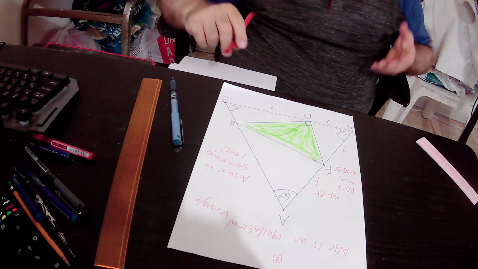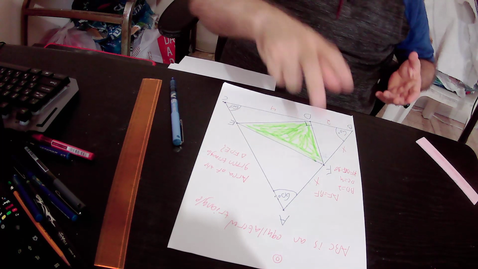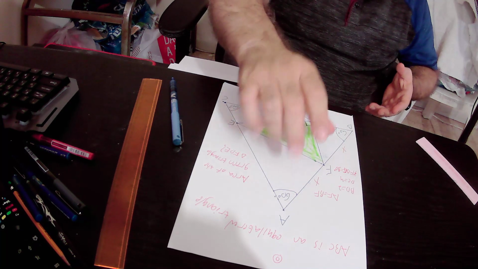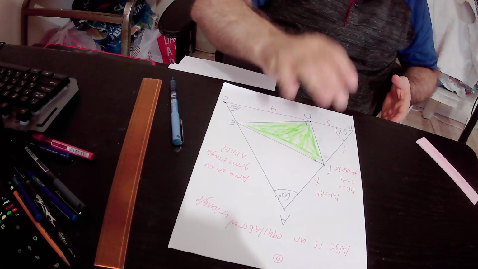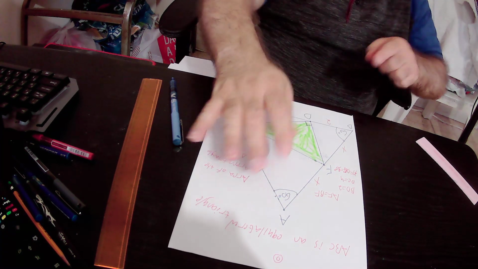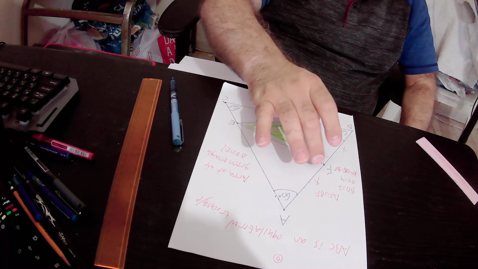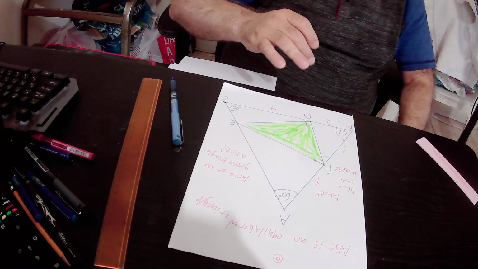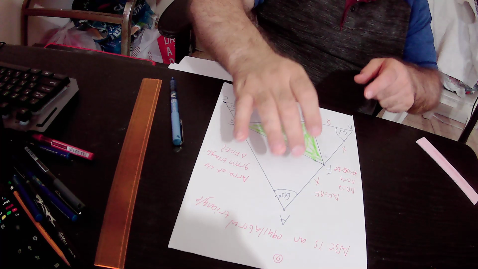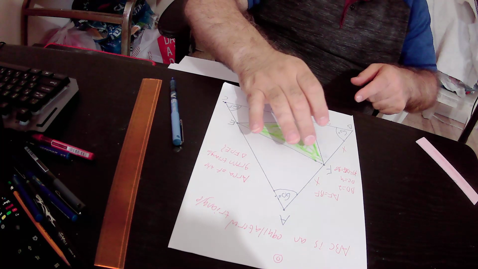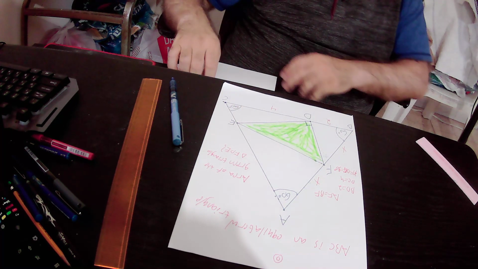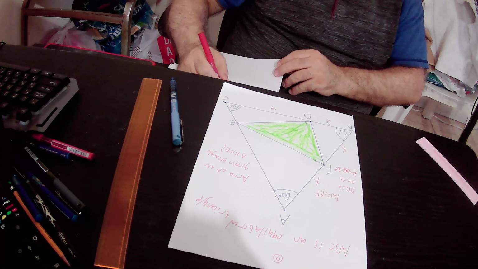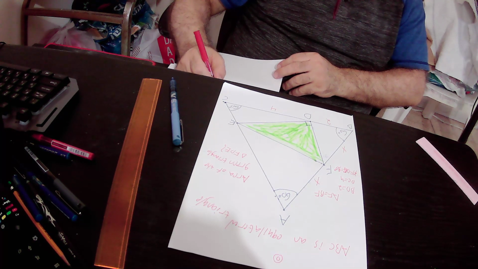So what is the size of AB? AB equals AF plus BF. That is to say, AB equals X plus X, that is 2X. So AB equals 2X from one side.